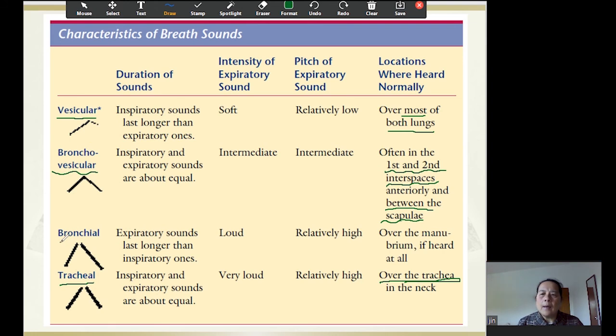And then we talk about the bronchial sound, basically still over the sternal bone there. And the sounds will be a little bit different, from softer to louder, or you can say from louder to softer, from the trachea to the lung.